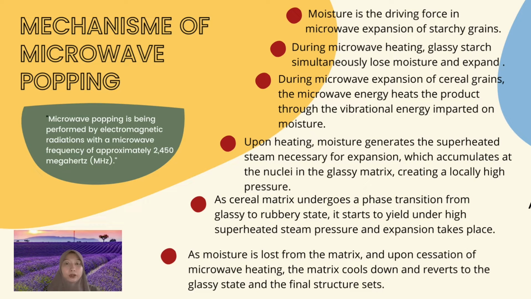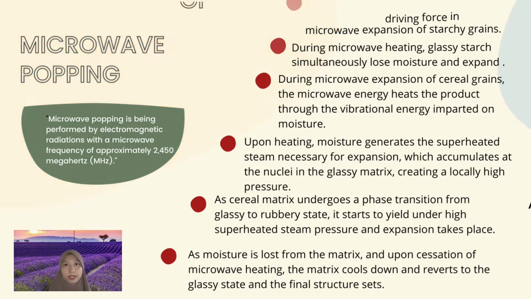As the cereal matrix undergoes a phase transition from glassy to rubbery state, it starts to yield under high superheated steam pressure, and expansion takes place. Then as moisture is lost from the matrix, and upon cessation of microwave heating, the matrix cools down and reverts to the glassy state and the final structure sets.